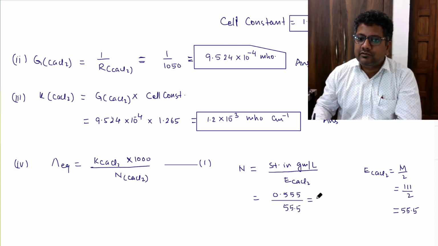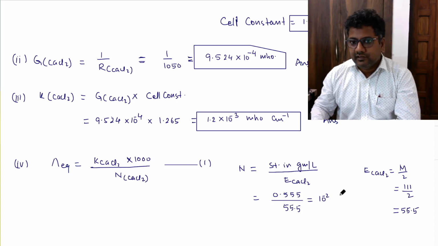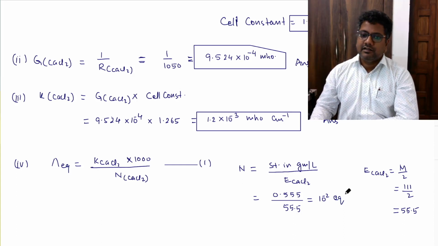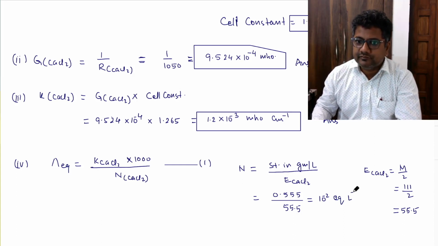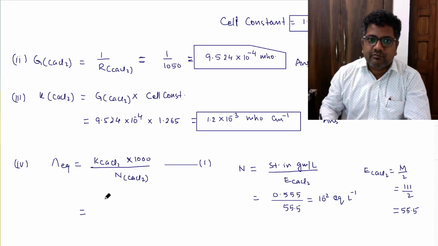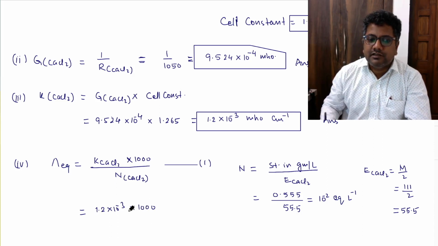So this is equal to 10 to the power minus 2 gram equivalents per liter. Normality is the number of equivalents per liter. Now put the value here: kappa you have calculated, 1.2 into 10 to the power minus 3, into 1000, divided by the normality, 10 power minus 2.